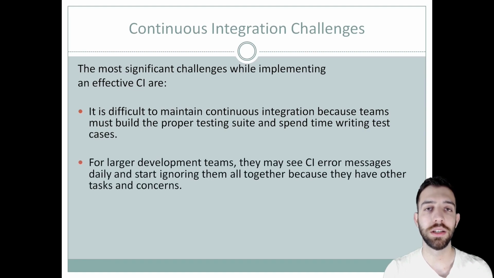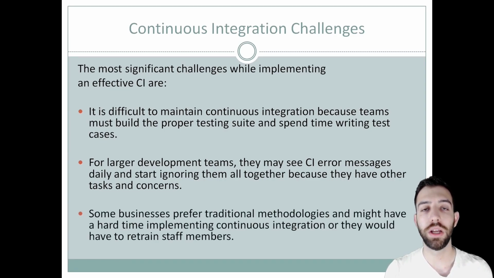Secondly, for larger development teams, they may see continuous integration error messages every day and start ignoring them altogether because they have their own tasks and concerns. And last but not least, some businesses use traditional methodologies and may have a hard time implementing continuous integration, or they have to retrain staff members, which would mean overhauling existing operations.